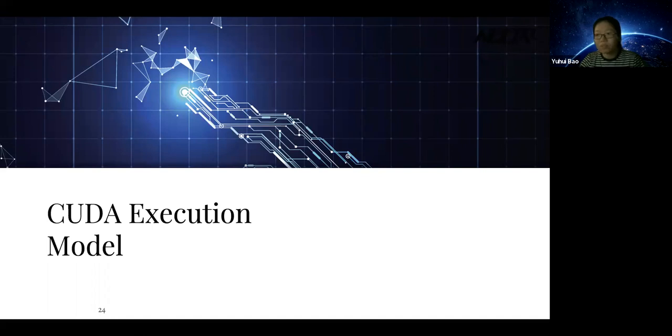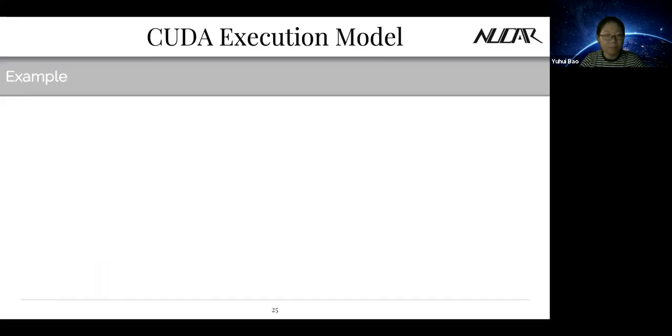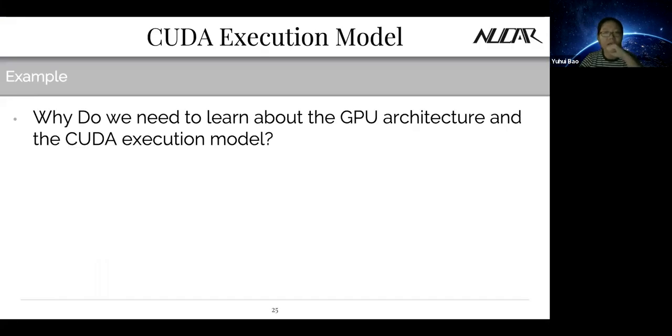The reason we need to understand the GPU architecture in the device is that we need to use the software concepts to leverage the hardware. That's the question I answered: why do we need to learn the hardware details about how your code gets executed?